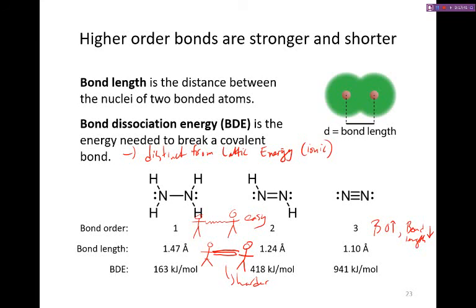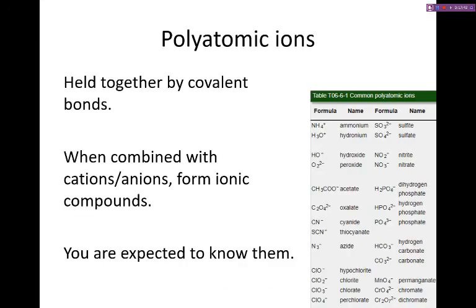The final thing that we need to talk about in this video is polyatomic ions. Polyatomic ions you are expected to be familiar with already from high school chemistry. If you're not, then you need to go and look them up in table 6.6.1, and there are explanations throughout there, with some links to various other pages that talk about how to name the polyatomic ions and other monoatomic ions.